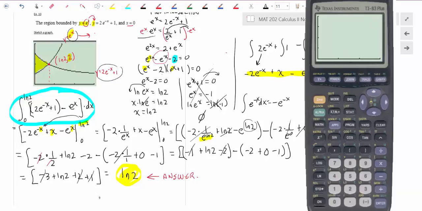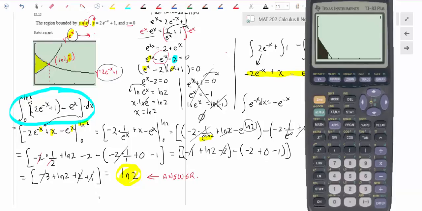We can use the same window and just see what comes out. We need to find this area here, so what we're going to do is go second trace, option 7. Lower limit was 0. Upper limit was ln2, so I just put in ln2.